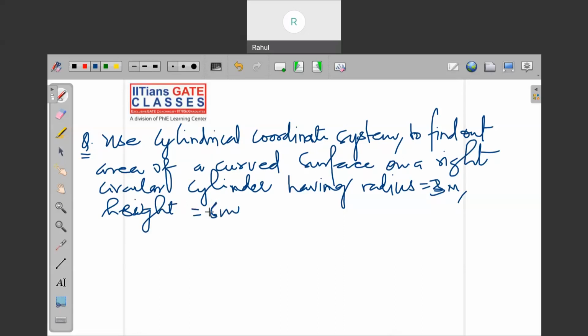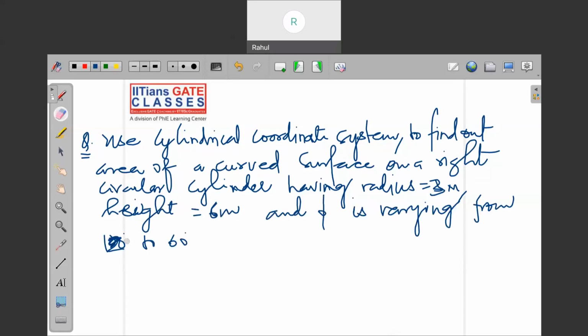Okay, 6 meter, and phi is varying from 120 to 60 degree, in the cylindrical coordinate system, to find out the area of a curved surface on a right circular cylinder having radius 3 meter and height 6 meter, and phi is varying from 120 to 60, right?